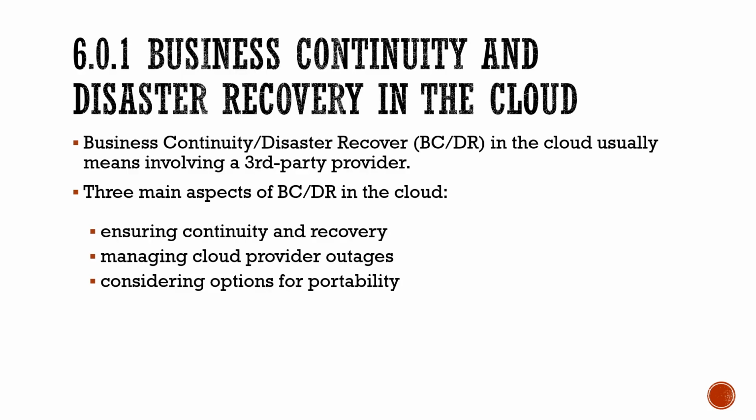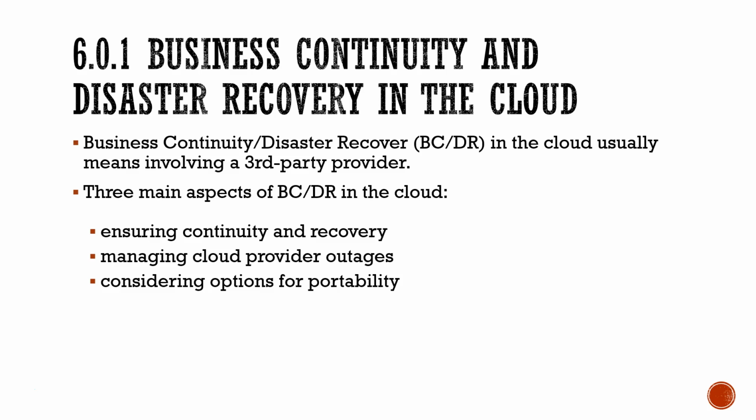Business continuity and disaster recovery in the cloud, usually by its very nature, requires involvement of a third-party vendor or a third-party provider, usually the cloud provider. The three aspects of business continuity and disaster recovery mean ensuring that continuity and recovery can happen if there is a man-made or natural disaster, and managing outages.